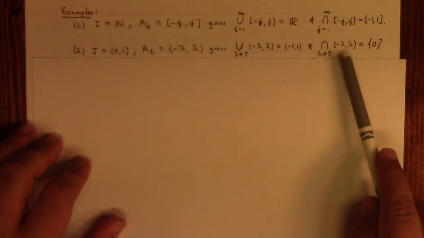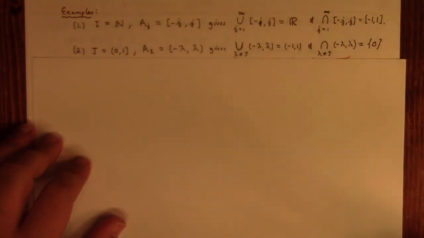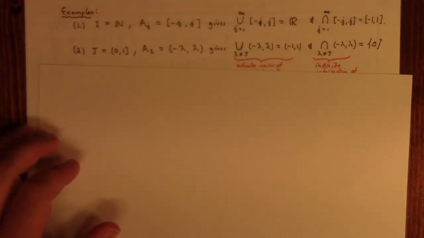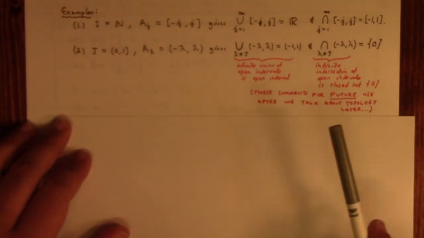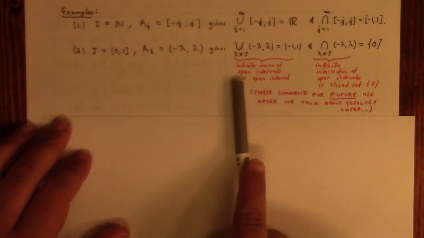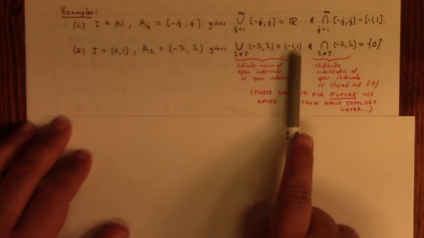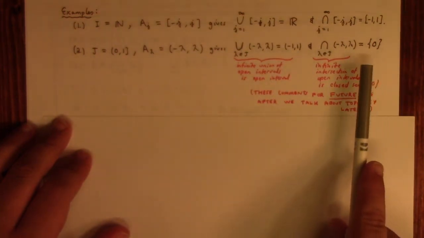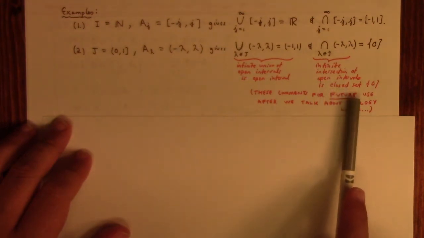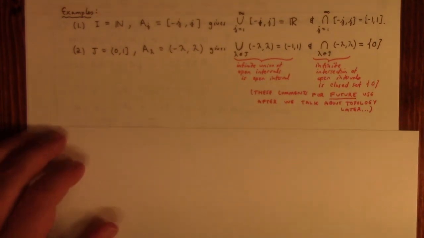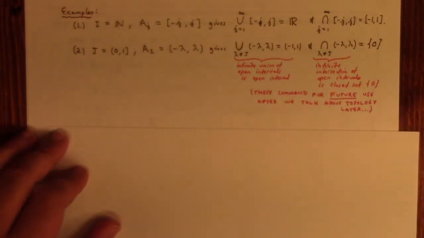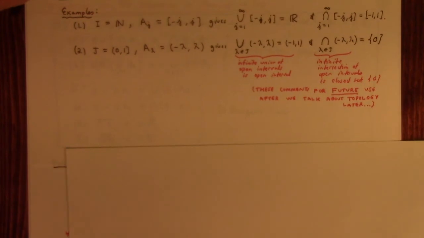But anyway, the intersection from minus lambda to lambda is a singleton containing 0. And incidentally, a future looking comment, what we've just observed is that the infinite union of open intervals is once more an open interval. On the other hand, this infinite intersection of open intervals actually turned out to be a closed set. So that's kind of a curiosity. So we'll save that later for our discussion of topology.